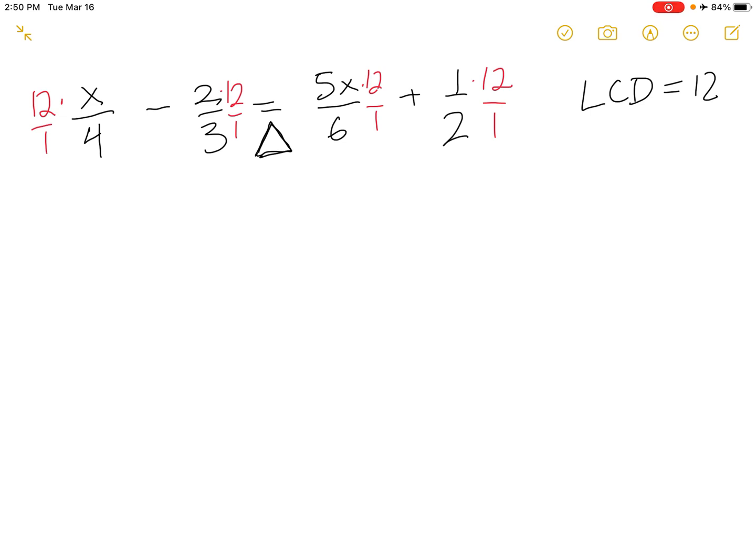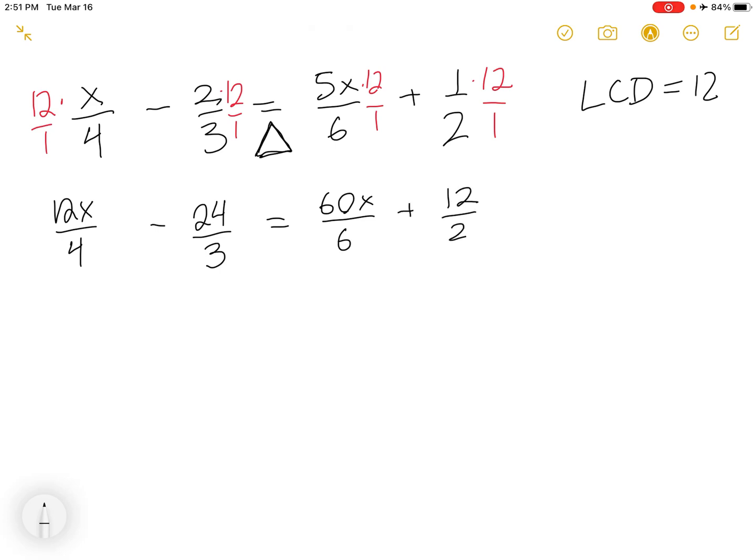Some of you might be able to do this in your head, but the next line would be 12x over 4 minus 12 times 2 is 24 over 3 equals 5 times 12 is 60, so 60x over 6 plus 1 times 12 is 12 over 2.